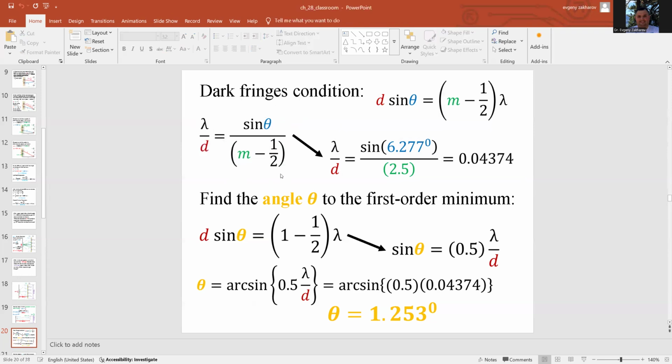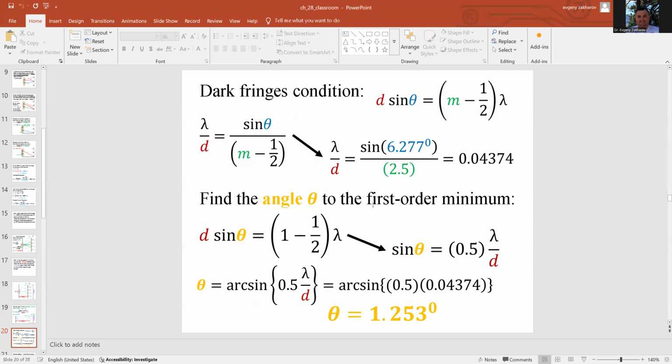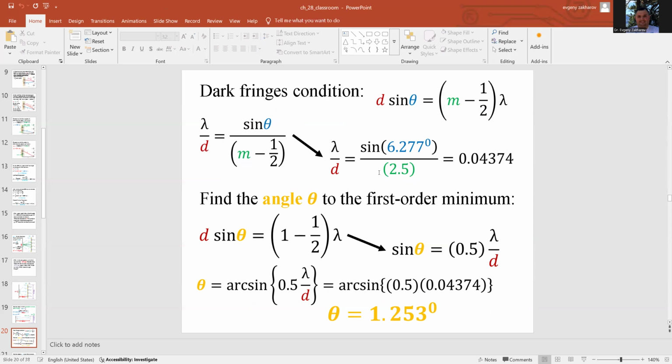So if you divide both sides by d, you can see that it's now the ratio of 2 things that are not given. But it's the same ratio for the first order minimum as well. So it doesn't matter if it's first order, second order, or third order, the ratio of the wavelength to the width of a slit is the same.